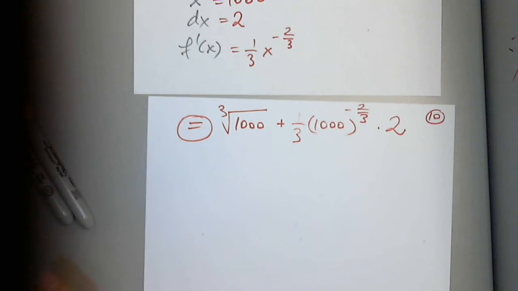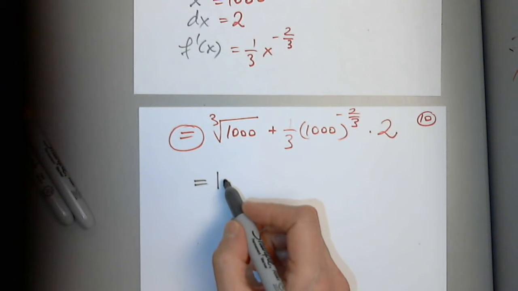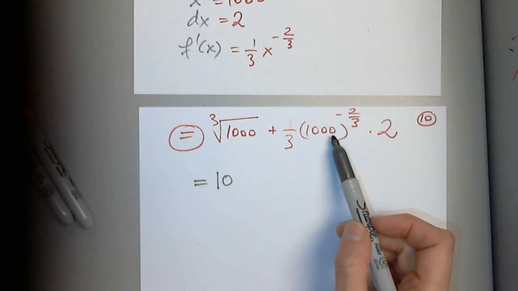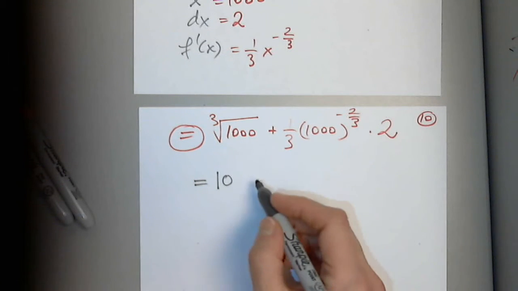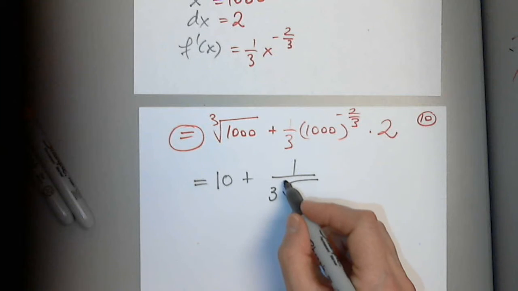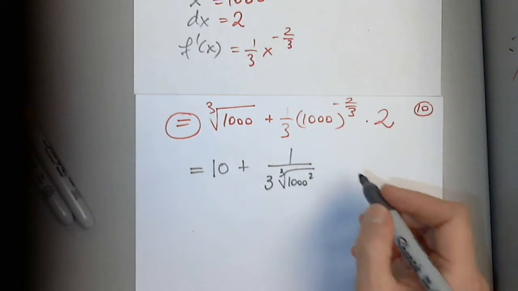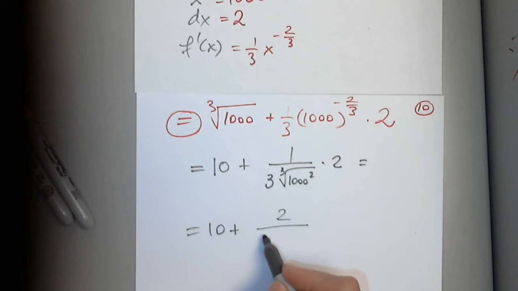So how much is the cube root of 1,000? 10. The cube root of 1,000 is 10. But that will be plus 1/3 the cube root of 1,000 squared times 2. So this is 10 plus 2/3.